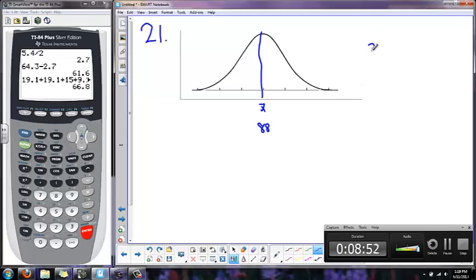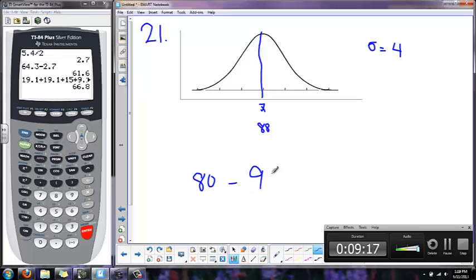If the standard deviation is 4, the percentage of grades, so we're talking about percent, so you know we're going to have to add up some percentages underneath here. The percentage of grades that would be expected to lie between, this time, the range between 80 and 96.